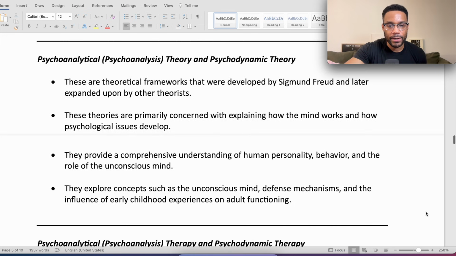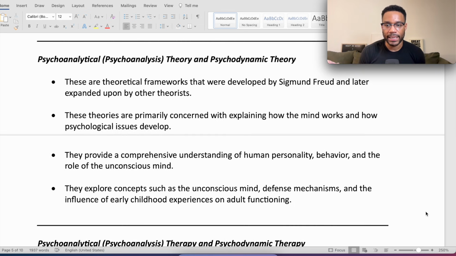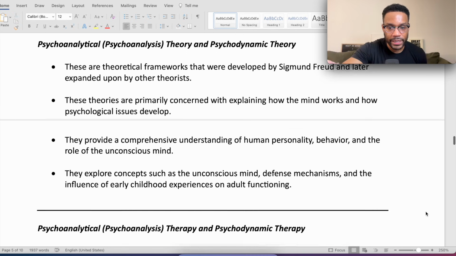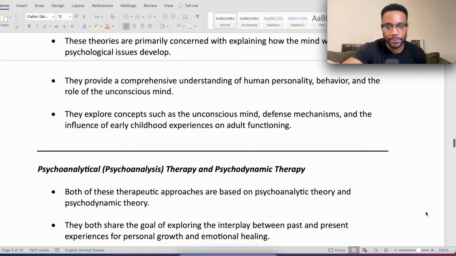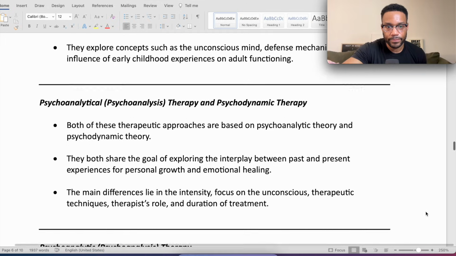They provide a comprehensive understanding of human personality, behavior, and the role of the unconscious mind. They explore concepts such as the unconscious mind, defense mechanisms, and the influence of early childhood experiences on adult functioning. And that sets us up right for discussing the therapy styles.